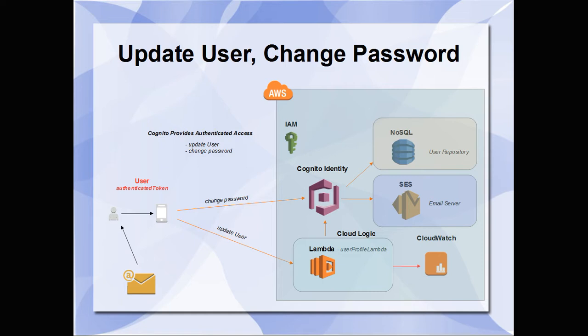Everything logged goes to CloudWatch, and the user profile update can go against NoSQL. I believe you could also do an update user on the Cognito SDK directly to update a user if you don't have anything special that you need to do within custom application code.